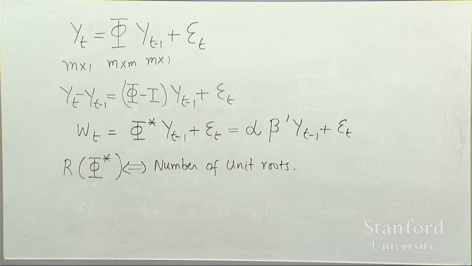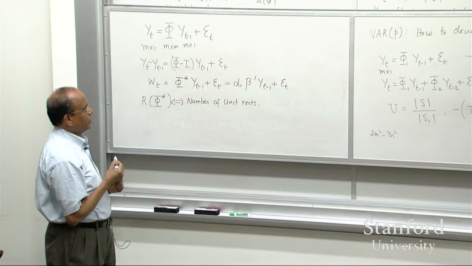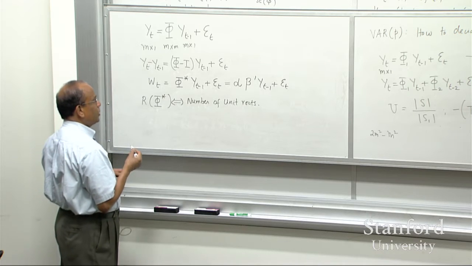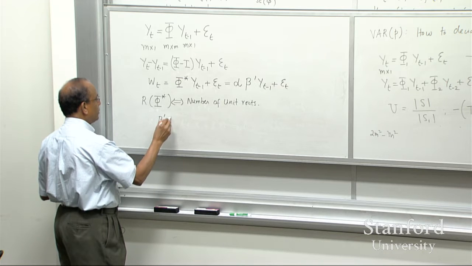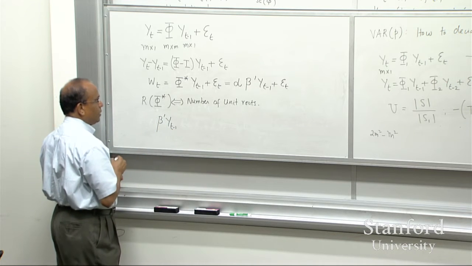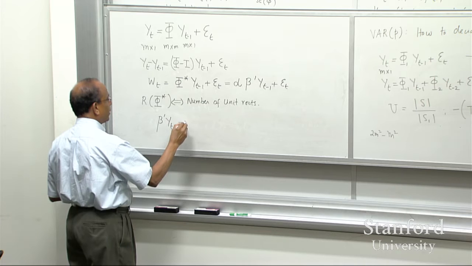So if the number of unit roots is a certain number, you should be able to incorporate that information here. This quantity, beta prime yt minus 1, is called the co-integrating relationship.